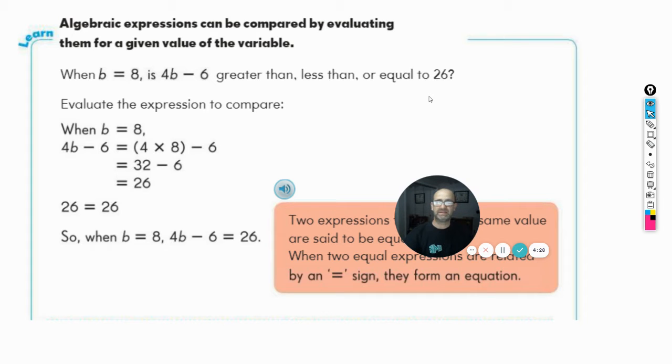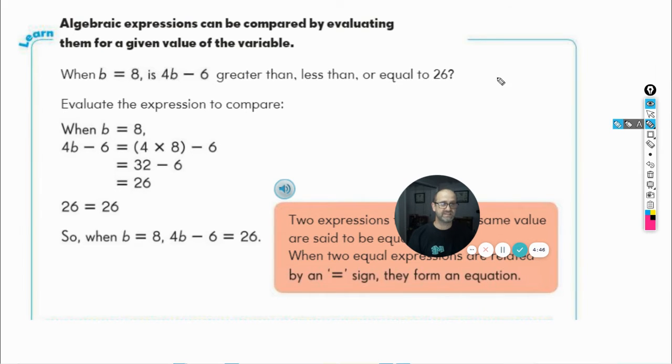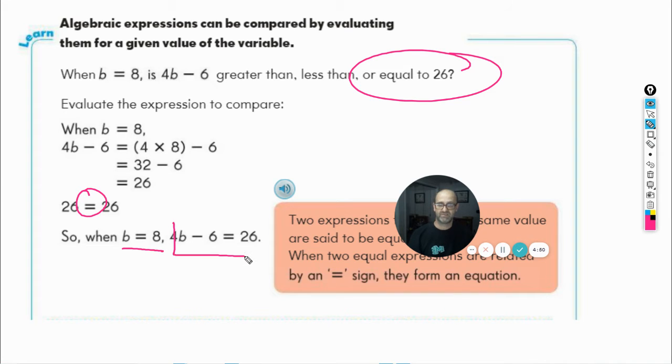Well, when b equals 8, 4b minus 6 is 4 times 8, which is 32, minus 6. You get 26. Is it greater than, less than, or equal to 26? It is equal to 26. So when b is 8, 4b minus 6 does equal 26.